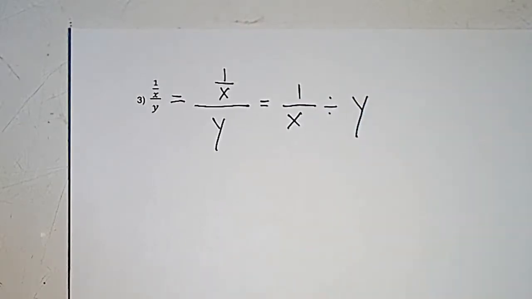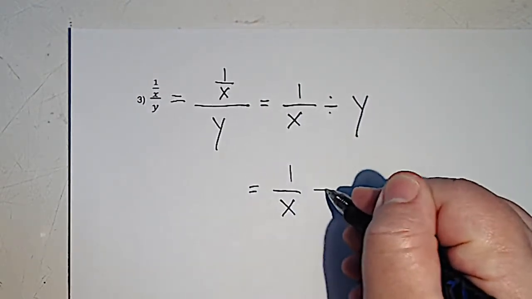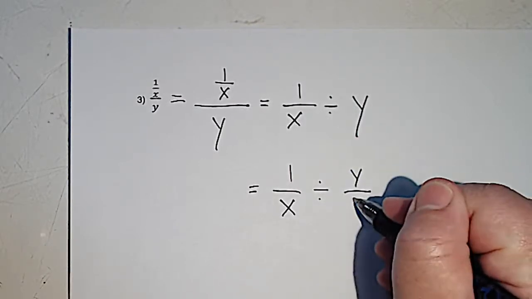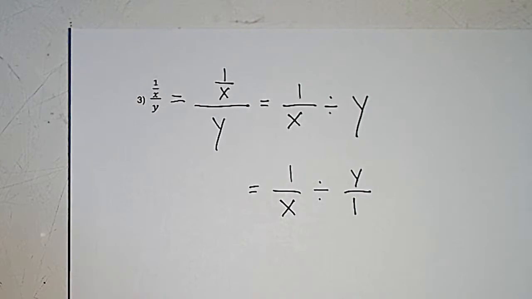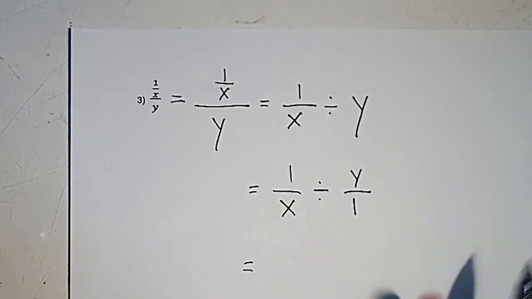So just like the others, I'm going to write out the division. Now, how do I flip the y upside down? Well, this is what you do. Remember what I just said. Any whole number or thing that's written as a whole number can be written as the thing over 1. You can always put a 1 in the denominator.